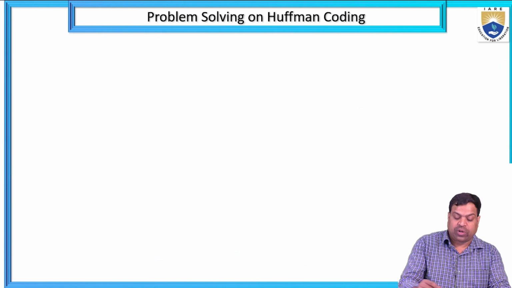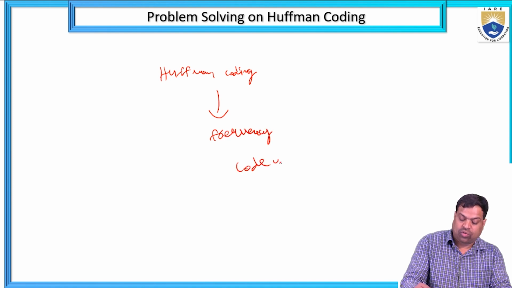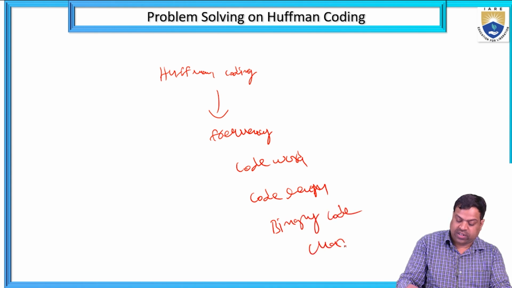So in this Huffman coding, what we discussed here are the frequency, code word, code length, binary code, and character.